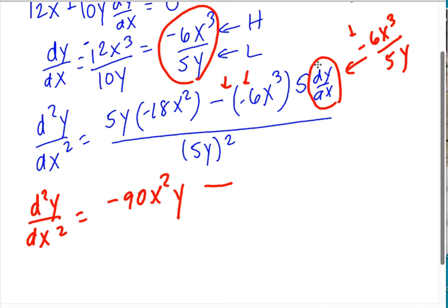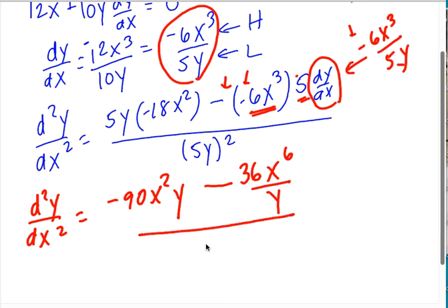And then it seems to me like I can cancel. I have a 6 times a 6, which is a 36, and the 5 on the top and the 5 on the bottom cancel. So I get a 36x to the 6th over y, because it's this thing times this thing times this thing, and then I cancel the 5's. Okay, and on the bottom, I have a 25y squared.